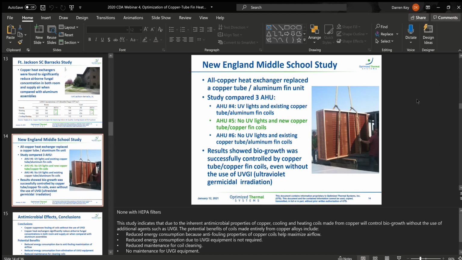And then air handling unit number 6 also had no UV lights, but just the original copper tube and aluminum fin coils. The results showed that biogrowth was successfully controlled by copper tube and copper fin coils, even without the use of the UV-GI light.